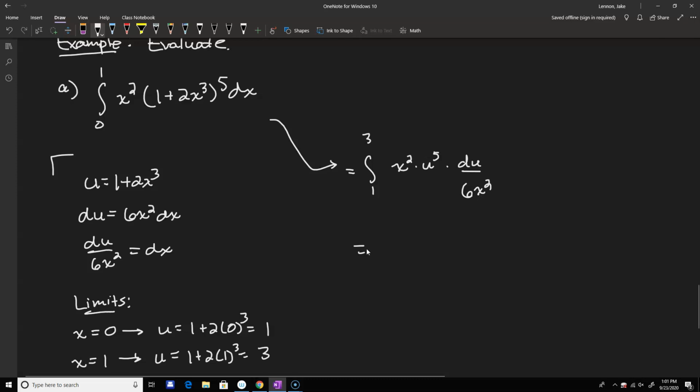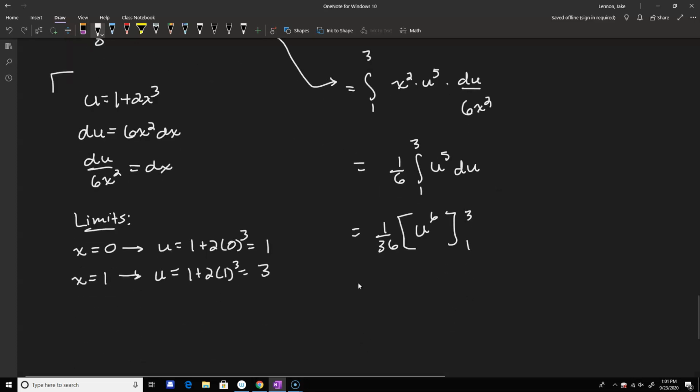So the x squareds cancel, so we get 1/6 times this integral from 1 to 3 of u to the 5th du. So then we're going to get a u to the 6th, and then we have another 1/6 in front, so that's 1 over 36, and our integral is going from 1 to 3.